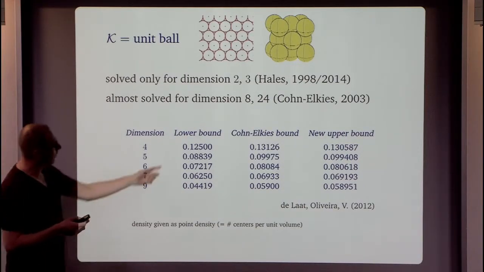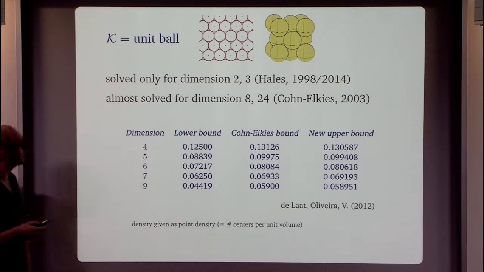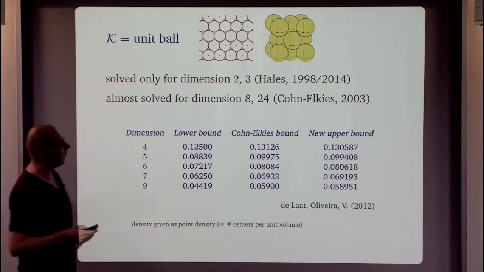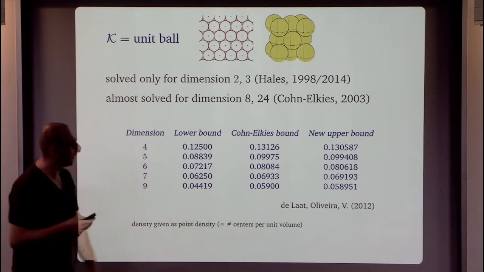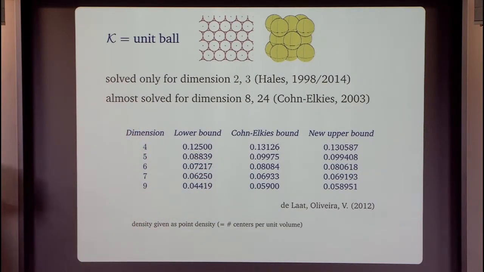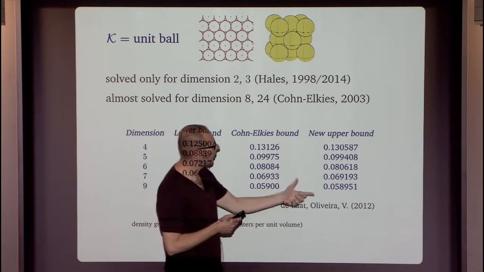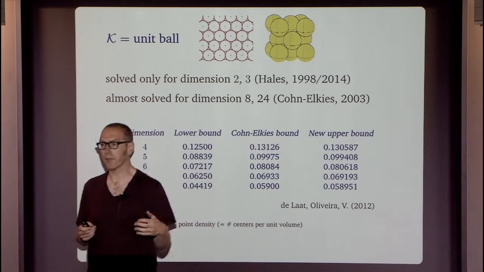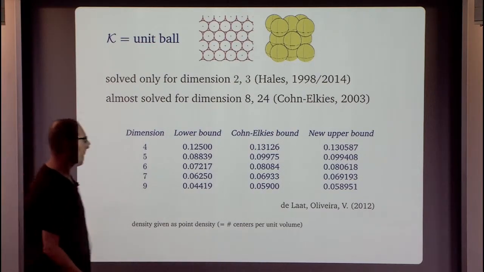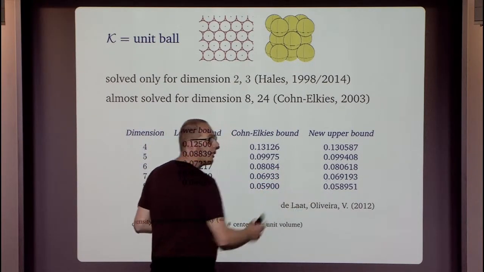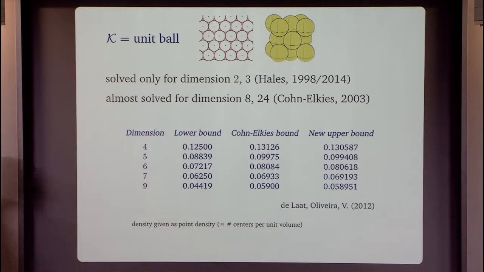The lower bound comes from constructions, from special lattices, here. Then the Cohn-Elkies sum of squares bound is here. Together with David de Laat and Fernando Oliveira, we could improve a little bit on the Cohn-Elkies bound by using sum of squares plus some extra tricks. But still, you see, things are pretty far apart in all the other dimensions.